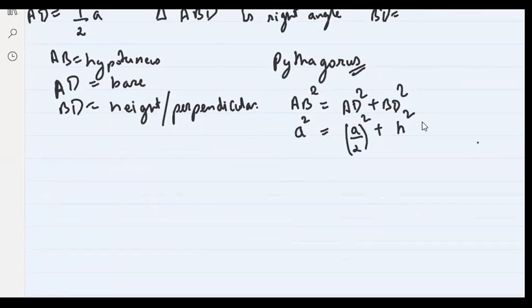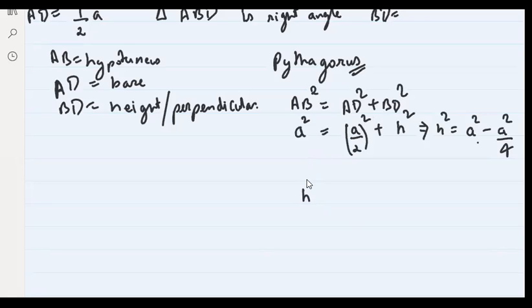Can I say that H squared is equal to A squared minus, we'll take it to this side, A squared by 4? Because (A by 2) whole squared is A squared by 4. Agree, everyone?